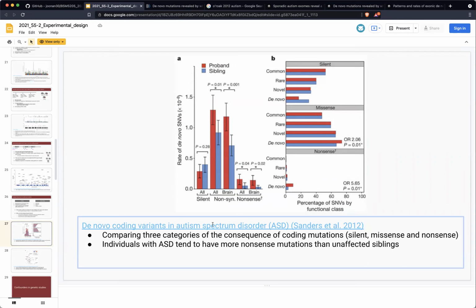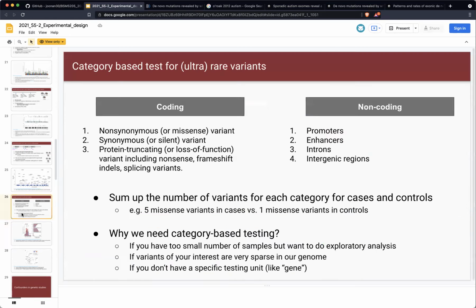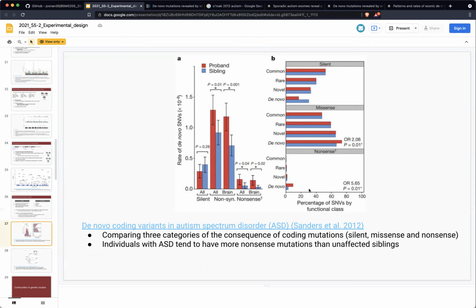So they were basically comparing three categories: nonsense, missense, and silent mutation. Those types of research are based on category tests. And at that time, the association of the nonsense mutation was totally effective. What effective means is that it was totally correct, and that research was replicated by other studies.